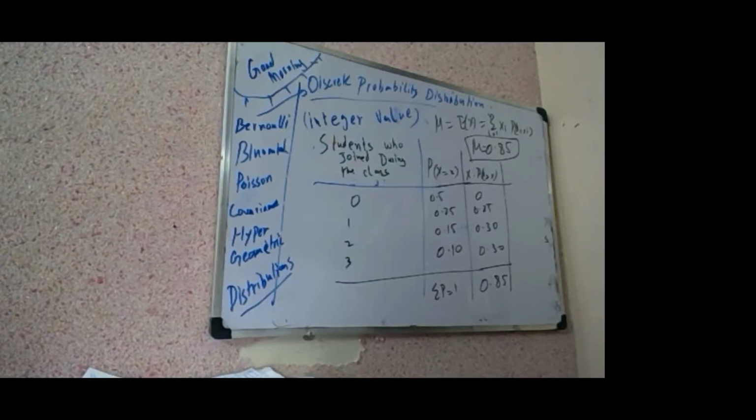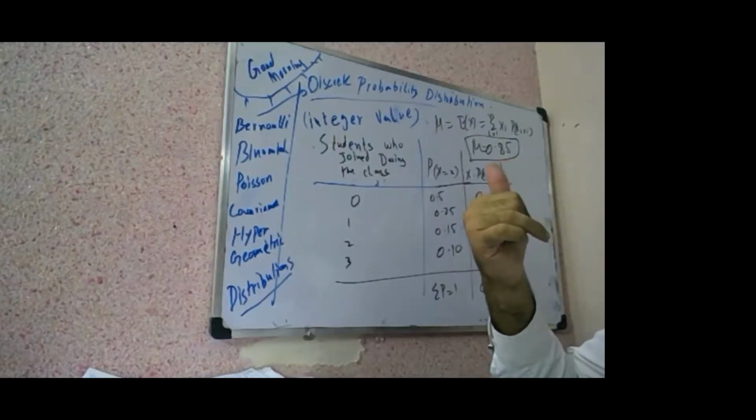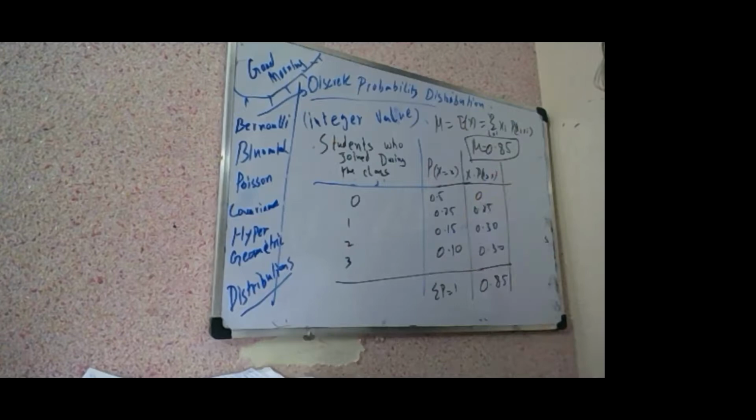In discrete, we will just maybe round up, and that includes the error, the standard error between the actual mean, because this is the estimated mean. We get 0.85, and we can say one student can come in.